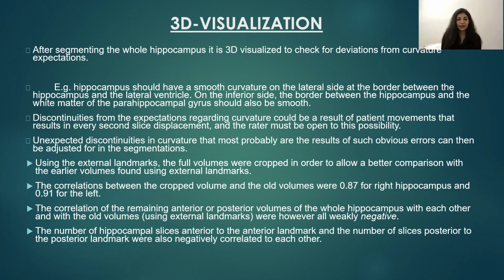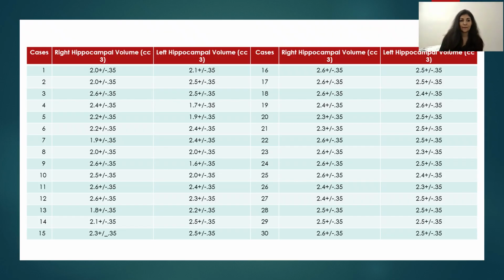The correlation of the remaining anterior or the posterior volume of the whole hippocampus with each other and with the old volumes were, however, all weakly negative. The number of the hippocampal slices anterior to the anterior landmark and the number of slices posterior to the posterior landmark were also negatively correlated to each other. So this was the result obtained after performing the sequences on all 15 cases and controls.